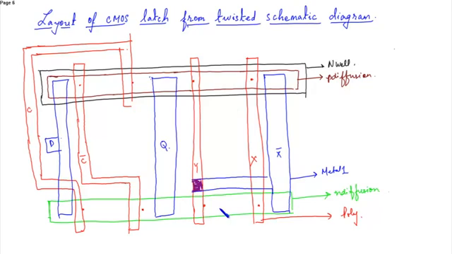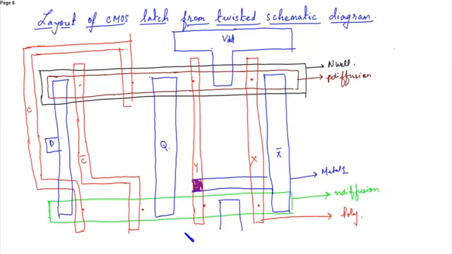Here this is your VDD. This part was connected to VDD. So this is VDD and this was connected to ground.